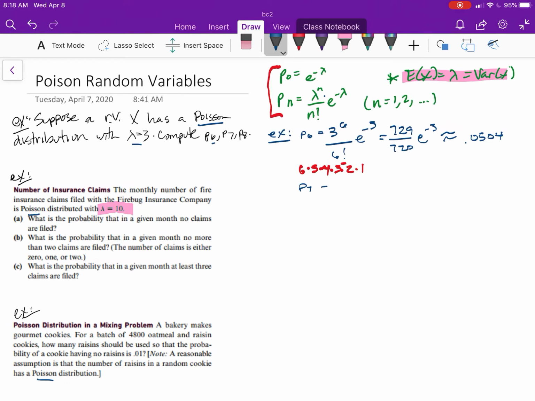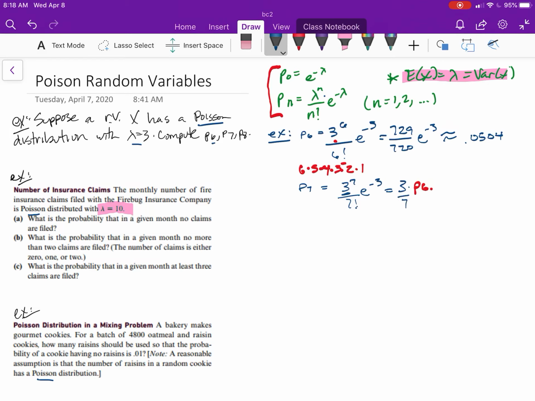Okay. P7 is done the same way as is P8. One thing I do want to point out though, P7 would have 3 to the 7th over 7 factorial, e to the negative 3. Notice if I took P6, which is 3 to the 6, then what am I missing? I'm really just missing a 3, because I have 3 to the 7th. And instead of 7 factorial, I had a 6 factorial, so all I'm missing is a 7.